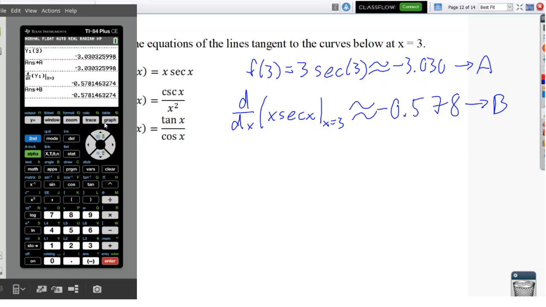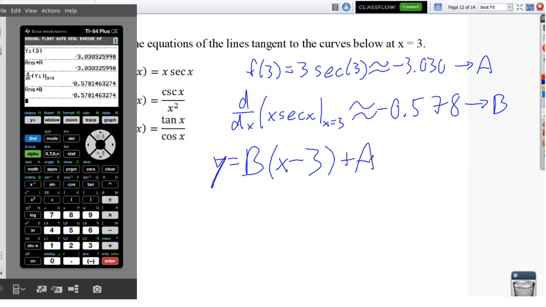So now what I can do, the equation of the tangent line is going to be y is equal to my m, in this case my b value, times the quantity of x minus my x value, 3, plus a.